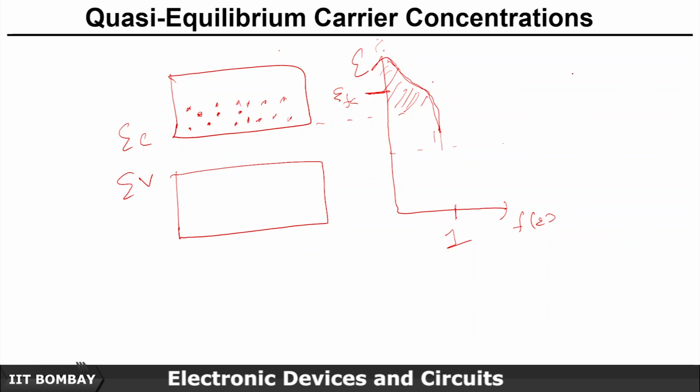And if I just draw it by another function for the case of the valence band, this comes out to be EV, and in this case it will be something like this, and let's say this is 1.